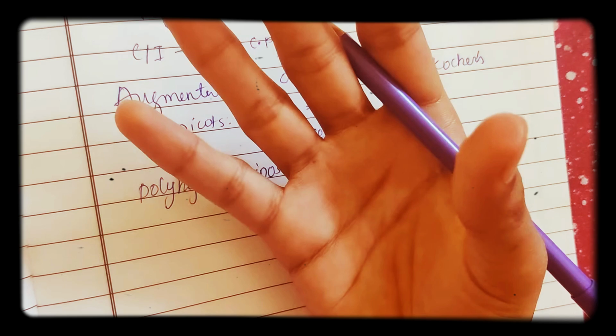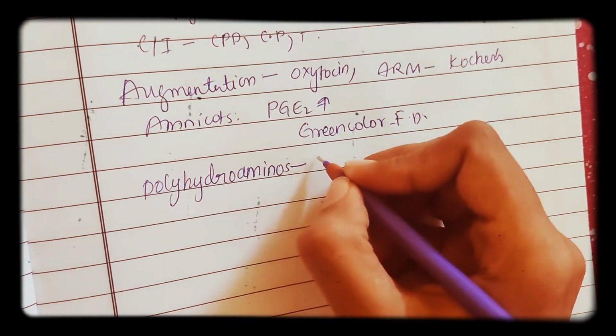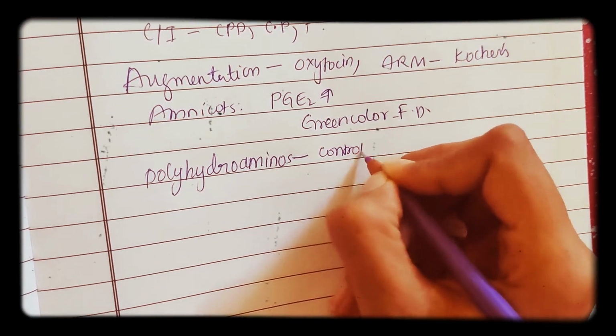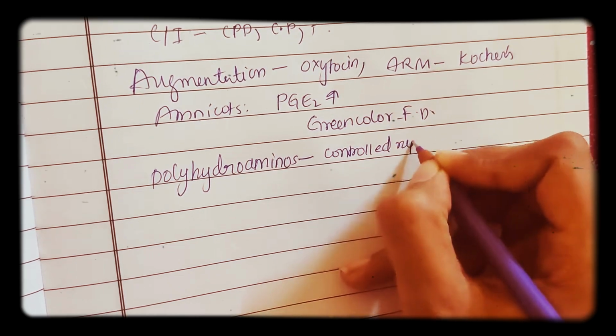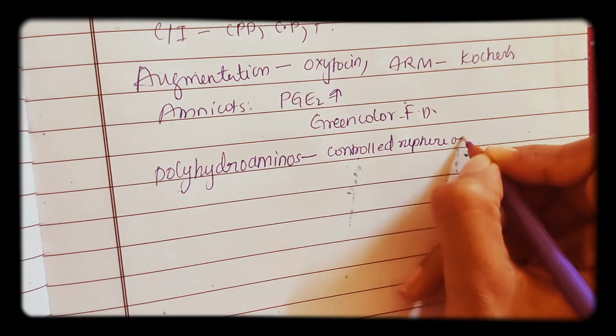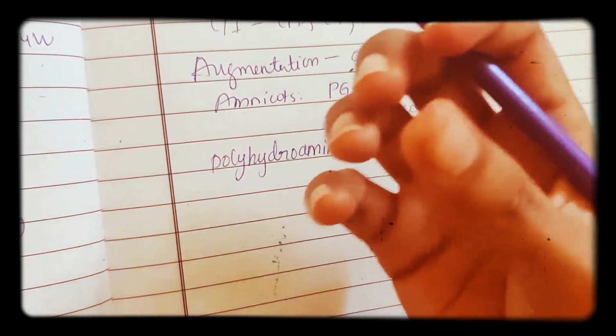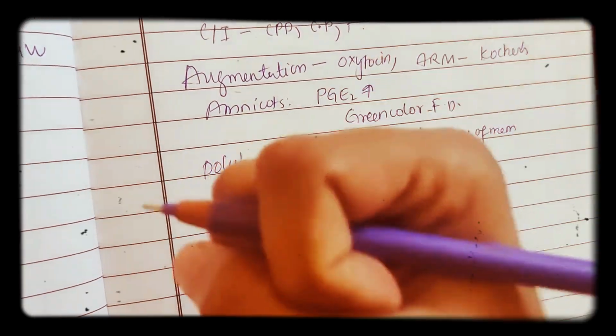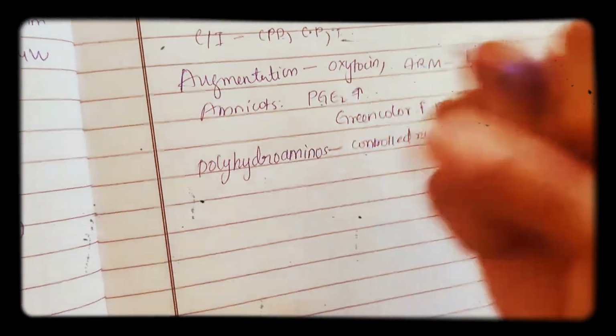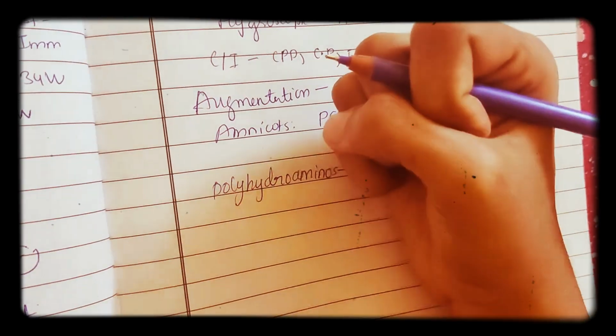So instead of artificial rupture of membrane, here we will do a controlled rupture of membrane. Controlled rupture of membrane means you put only a small hole in the membrane. Because of that, only some fluid will come, trickling. There will be only trickling of amniotic fluid, but not sudden loss. So there will be no abruptio placenta in this case.